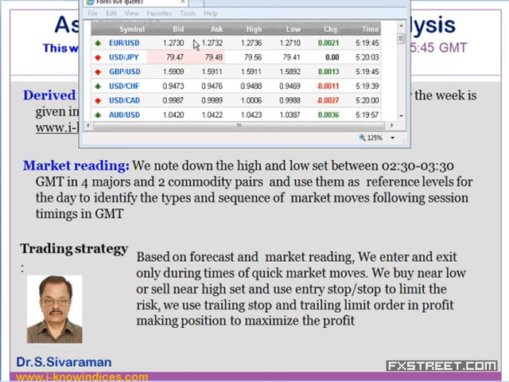So this is the story you come across on a daily basis, so we need to understand. By market reading technique, we are in a position to find out what the players intend to do, what sort of moves they intend to make, whom they are trying to trap. Are they trying to trap the long holders, or the short sellers? Otherwise we are not in a position to find that out.